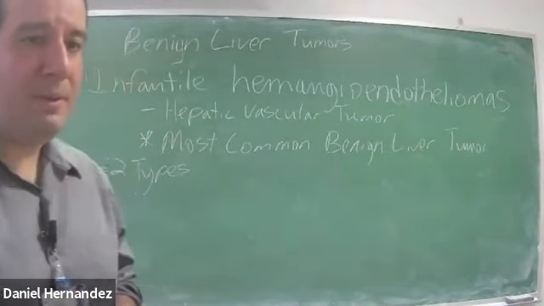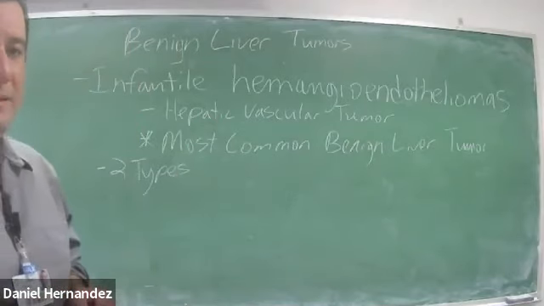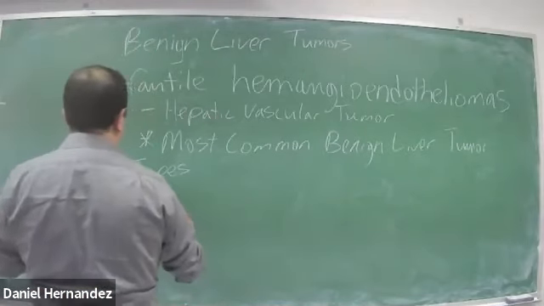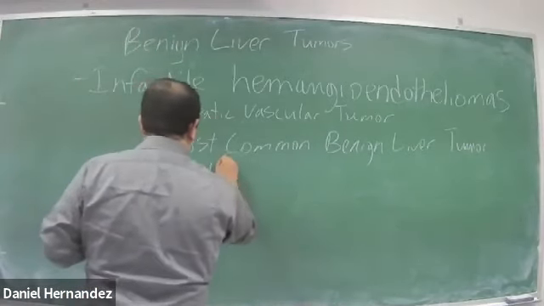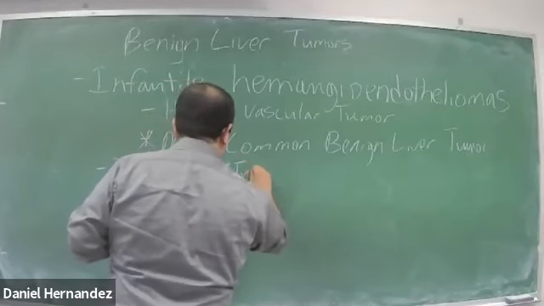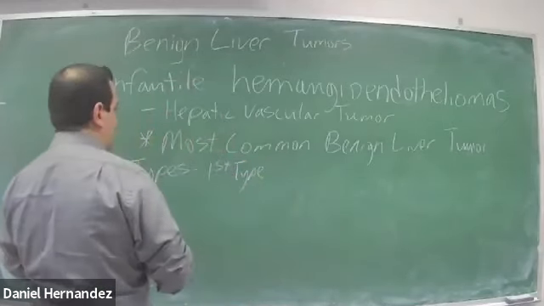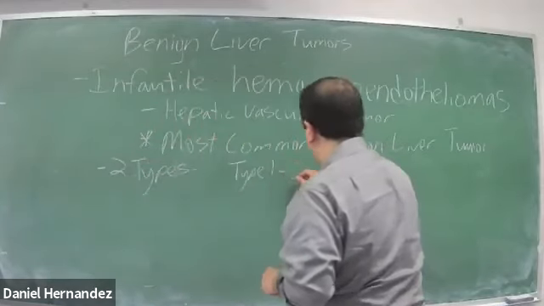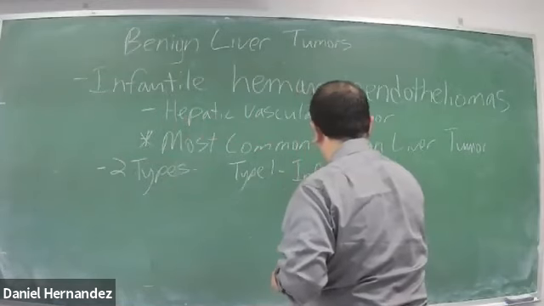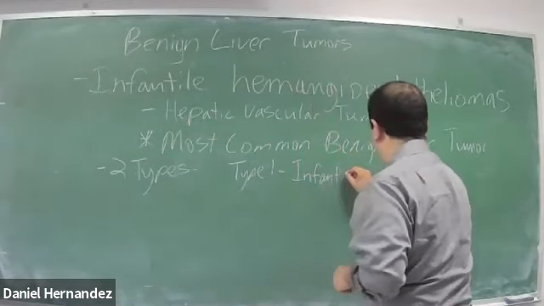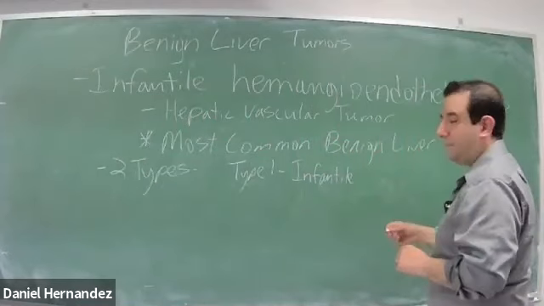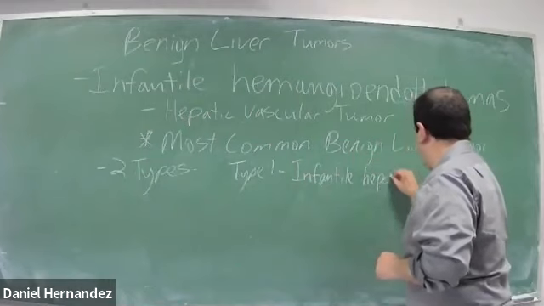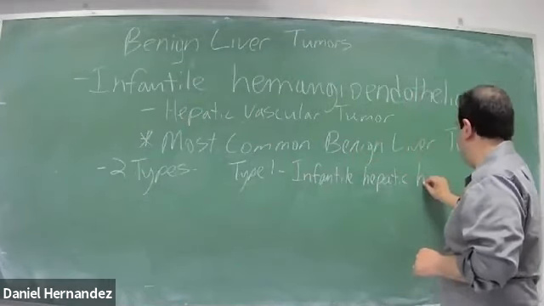The first type is a hepatic infantile hemangioma, type 1, infantile hepatic hemangioma.